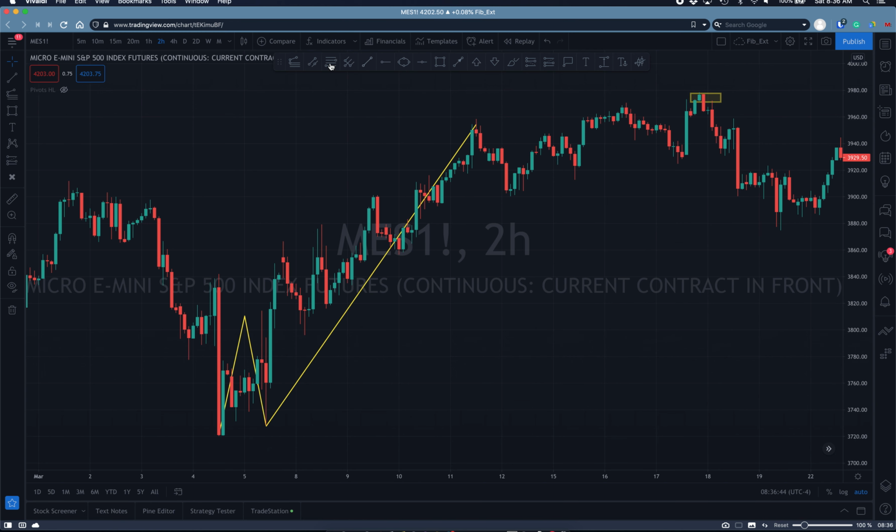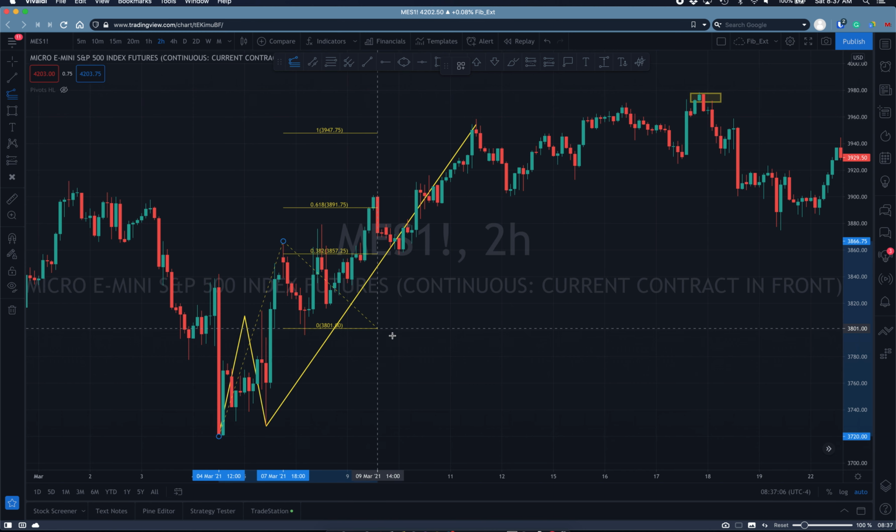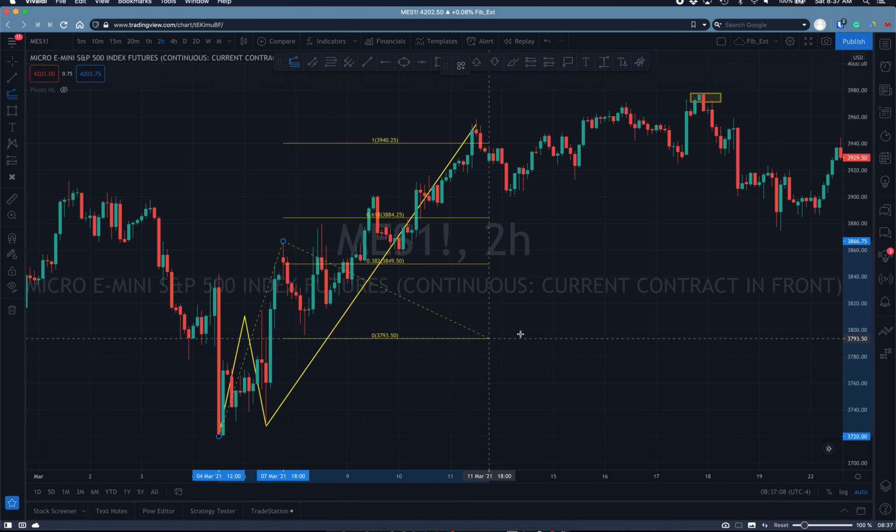Let me do one more Fibonacci extension here. I'm going to go from here. That's a retracement. Well, that retracement went to the 618 right here. But I think that was actually backwards, believe it or not. But let me get this. Do an extension, just looking for legs and waves.